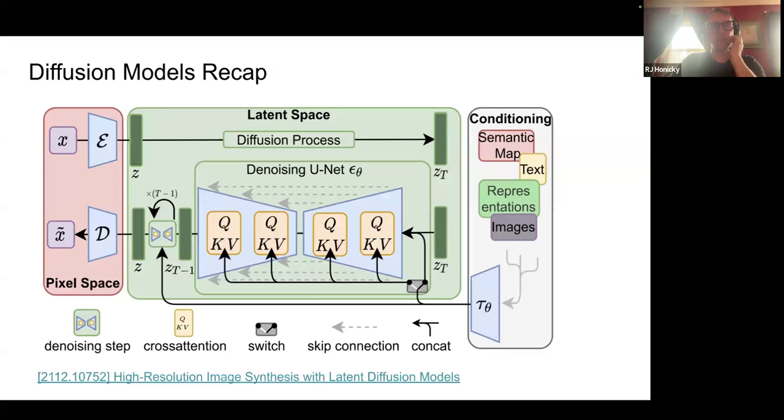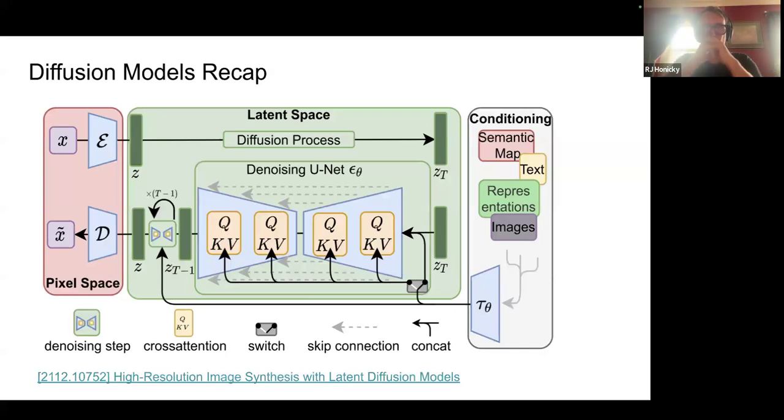Okay, as Swix and I were talking about in the beginning, I think it is good to have a recap of diffusion in general. This is a more complex version of diffusion, but I thought a lot of people have seen this diagram, so it'd be useful to talk about what we're talking about here, in reference to stable diffusion and latent diffusion.